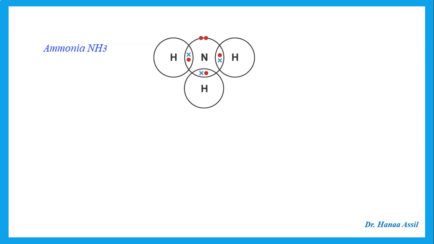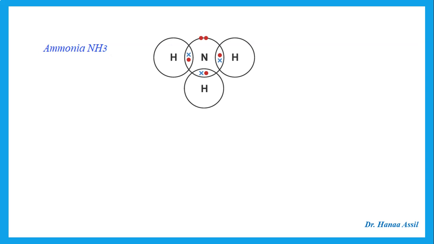What about ammonia? Ammonia is between nitrogen and hydrogen. We're going to say again, hydrogen has 1 and needs 1, but the nitrogen has how many? The nitrogen is in group 5. It has 5 electrons in its outer shell. That means it needs 3. So it's going to bond with 3 hydrogens, each of them sharing a pair of electrons with the nitrogen.